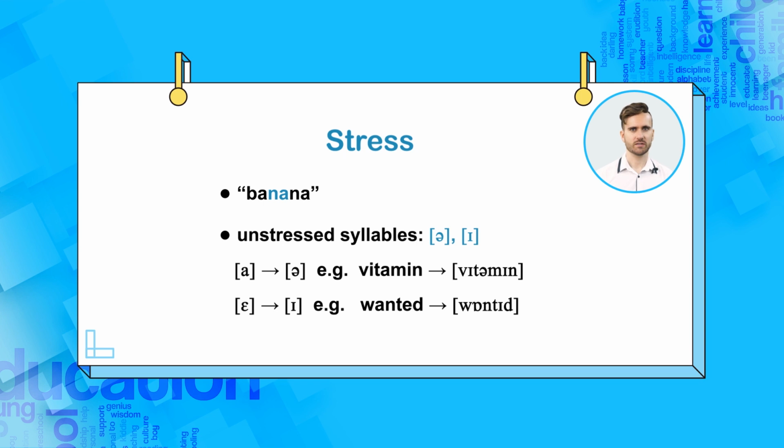In unstressed syllables, the weak vowels are schwa and I. For example, a can be reduced to schwa in an unstressed syllable. For example, vitamin becomes vitamin. Also, e can be reduced to I. Wanted becomes wanted.